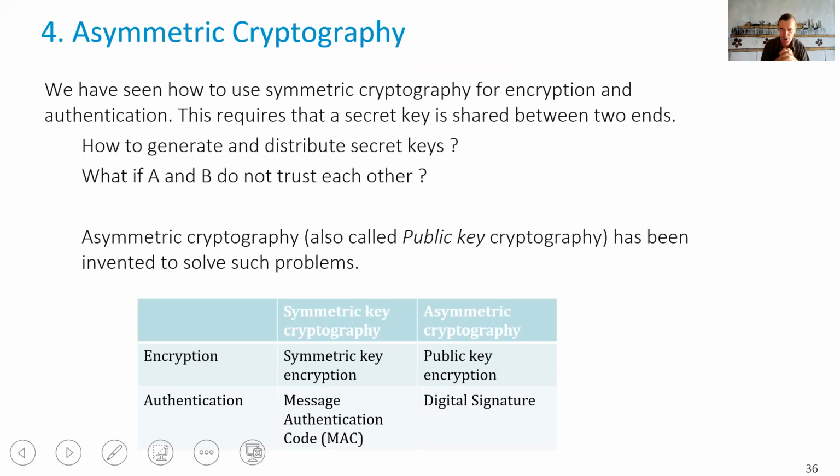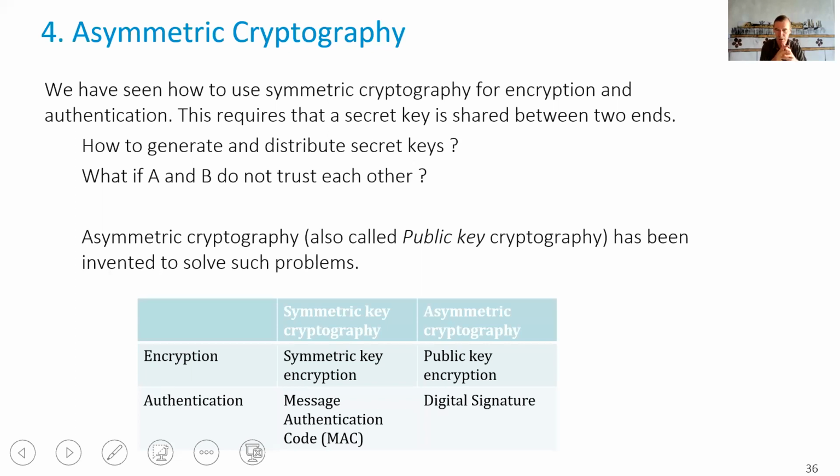So if I want to go to my bank and do a private transaction, I need to have a secret key with my bank. So how can I do that? Well, I could use special out-of-band mechanisms to agree on a key that I will send in a very secure way to my bank. It's possible, but that's very, very complicated. So this is not scalable.